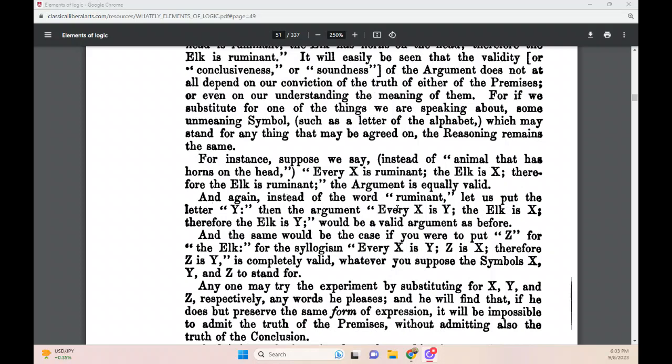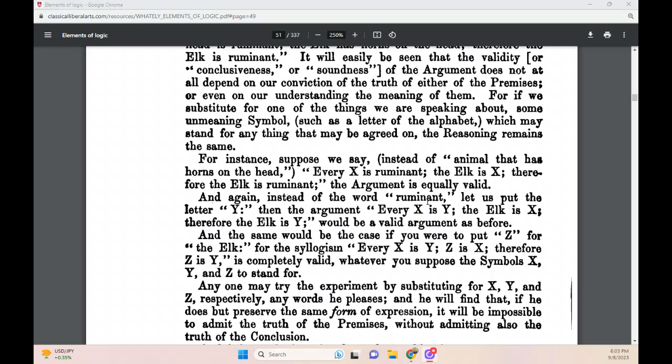We're getting to a formula, and the formula is the formula of a valid argument. And so it doesn't matter what the terms actually are. We can change the terms as long as the formula of the argument is as it is explained here. The argument will be valid.